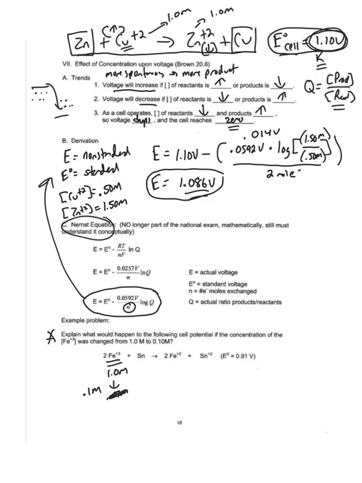Well, on the national exam, if you were to take it with concentrations, they no longer would ask you to calculate what that voltage is. Instead, they ask you to predict. You'll notice that the concentration of the reactant went down.